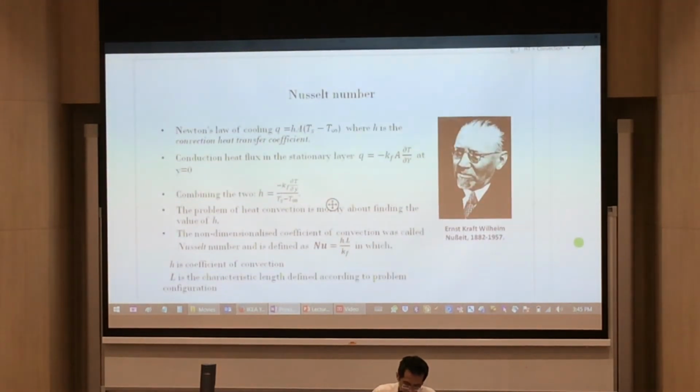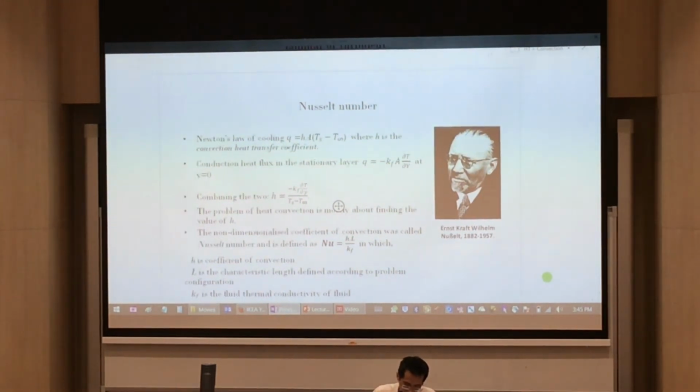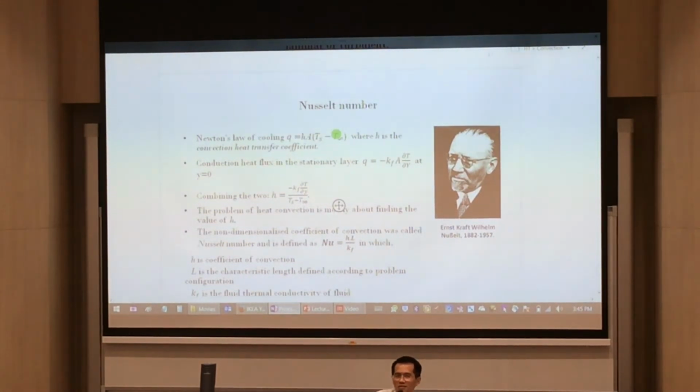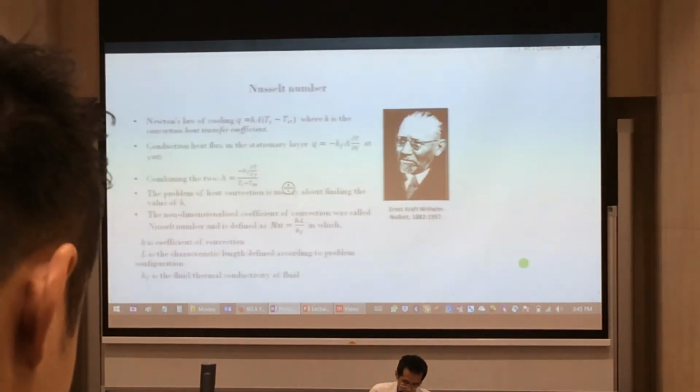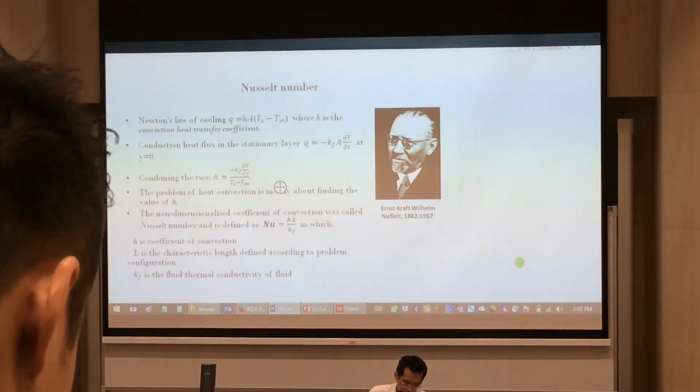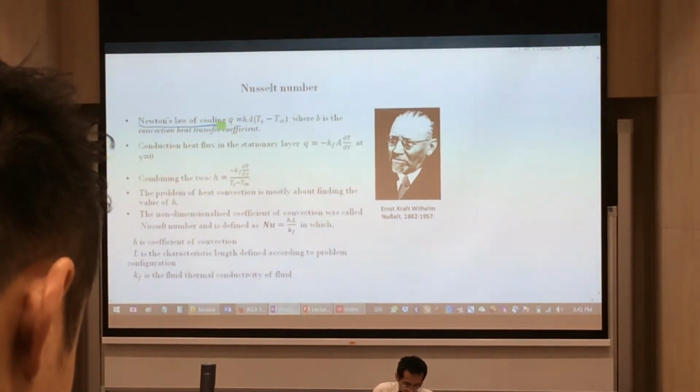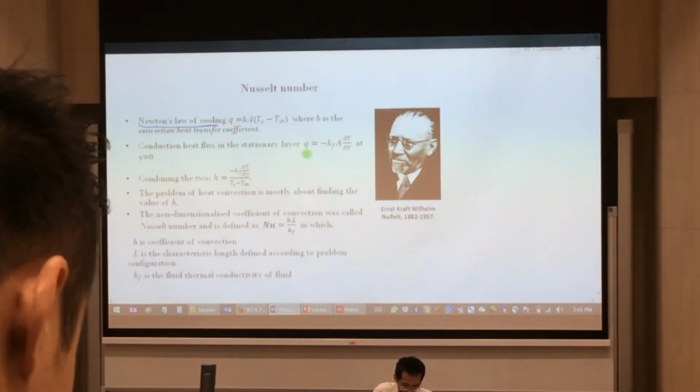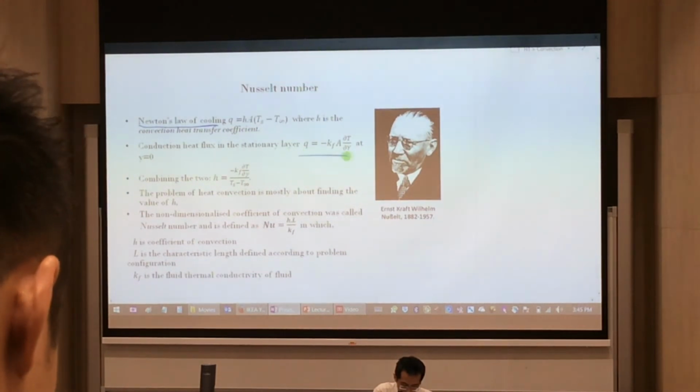I want to introduce you to another number that's called Nusselt number. It's a German word. Some read this in English, Nusselt. Nusselt number. I want to make a comparison between Newton's cooling law and Fourier's law over here.